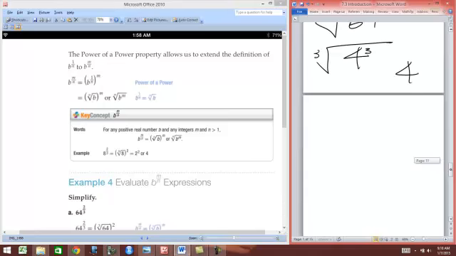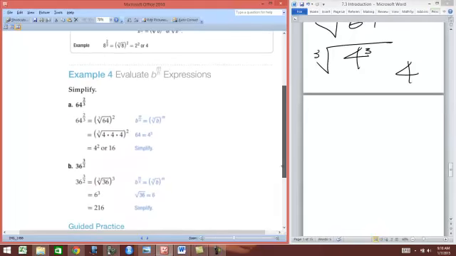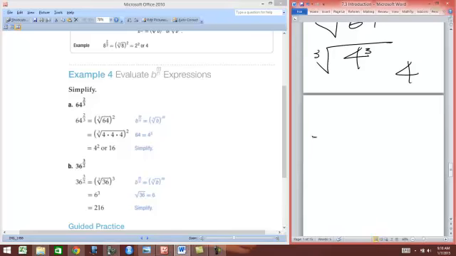Okay. All right. Now they have 64 to the 2/3. Now here's what I was talking about. You can see it in the examples. This will be 64 squared, cube root. Now 64 squared is a hard number to deal with, right?